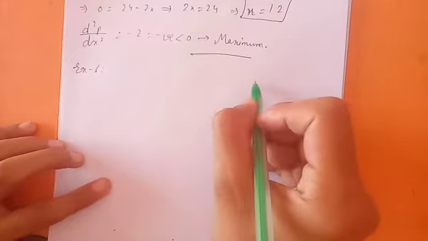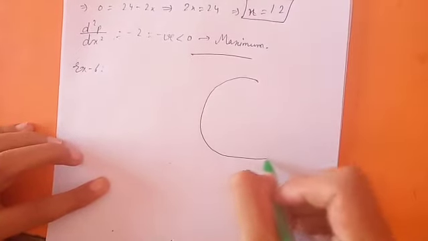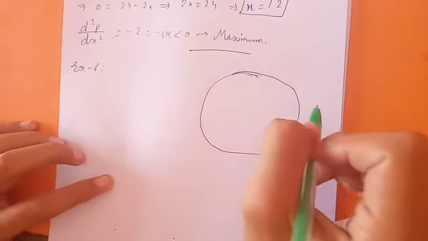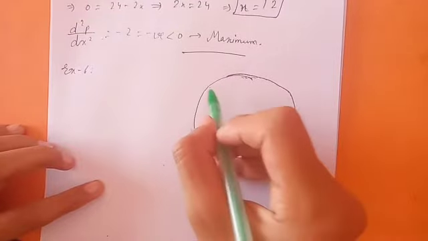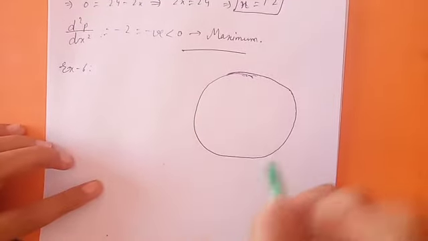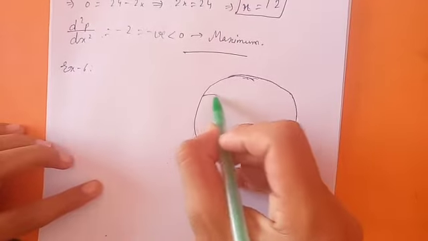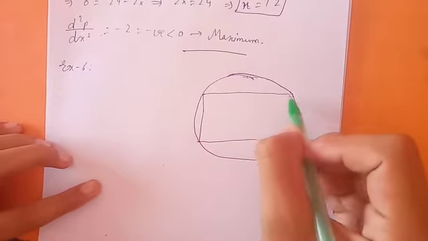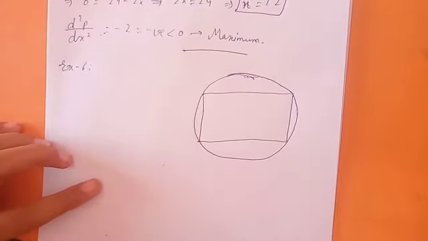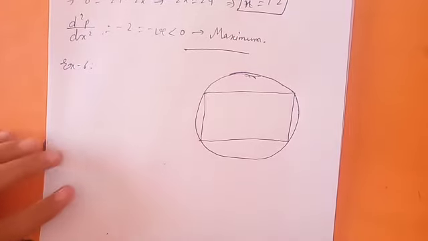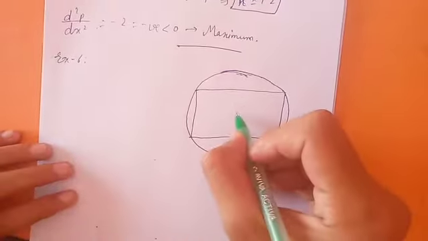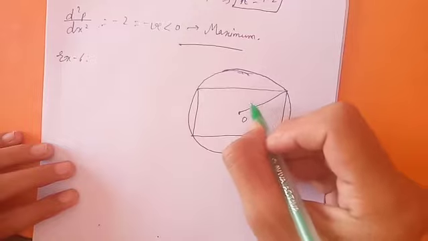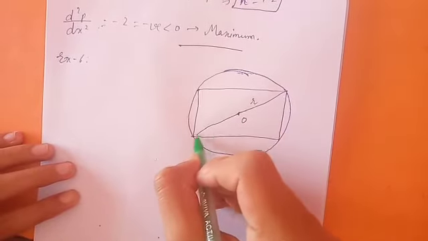Means what the question is saying, we have a circle whose radius is r, and the rectangle with maximum area is inscribed in this circle of radius r. Its center is O and its radius will be r. This distance is also r.